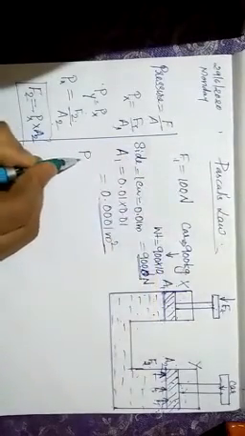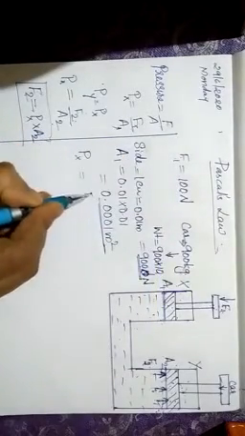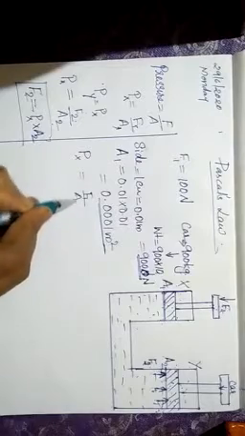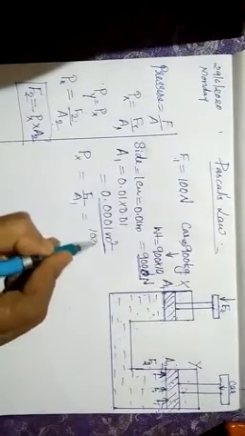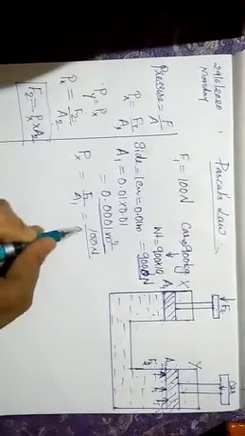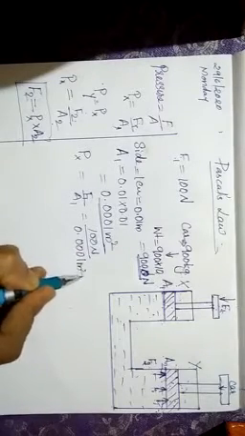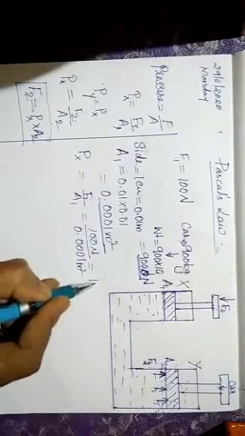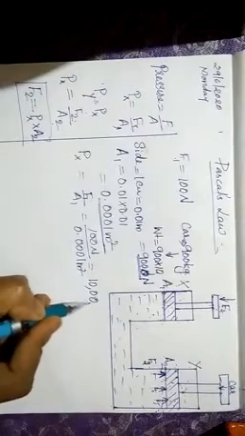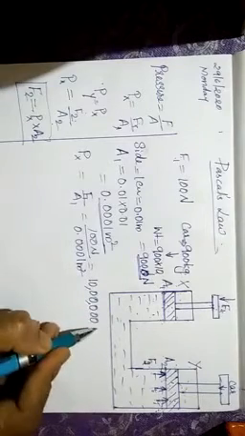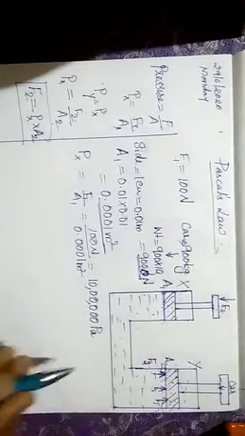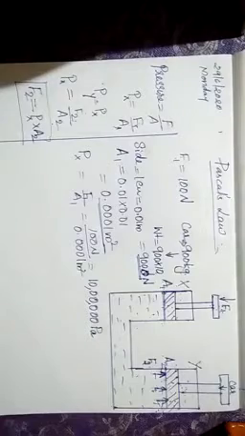So pressure P of x is equal to F1 by A1, that's equal to 100 Newton by 0.0001 meter square, that you will get 10 lakhs Pascal. The Pascal is the unit of pressure.